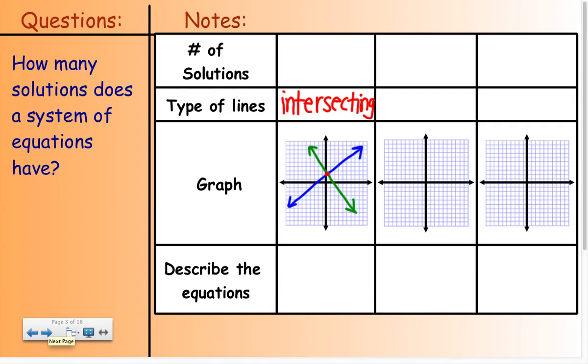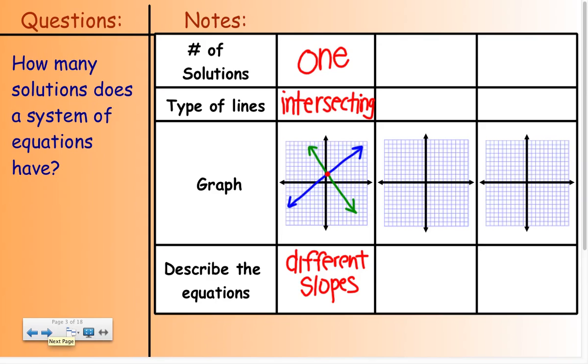These two lines only intersect one time, so there is one solution. Two lines can only intersect one time ever, so you're never going to have more than one solution if the lines are intersecting. For intersecting lines, the equations have different slopes. The y-intercepts could be the same, they could be different, we don't know, but the equations have different slopes.